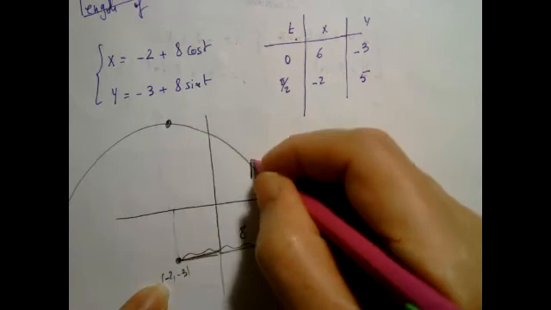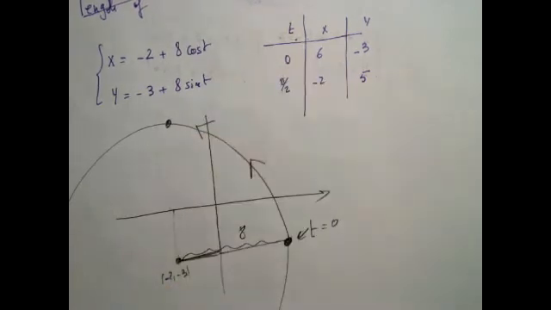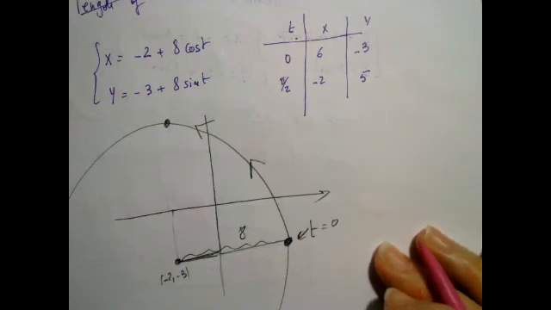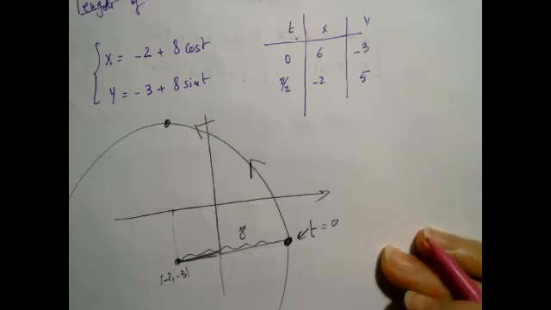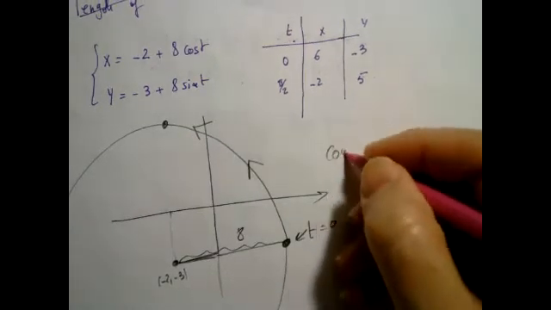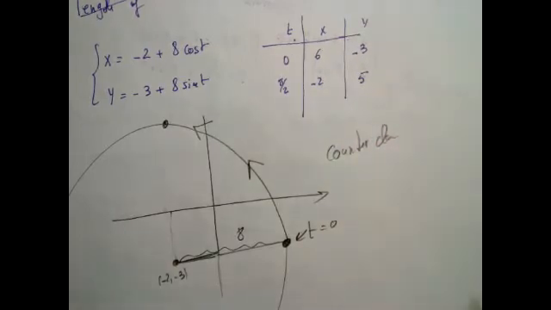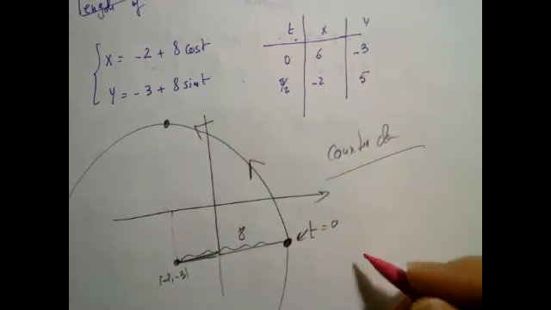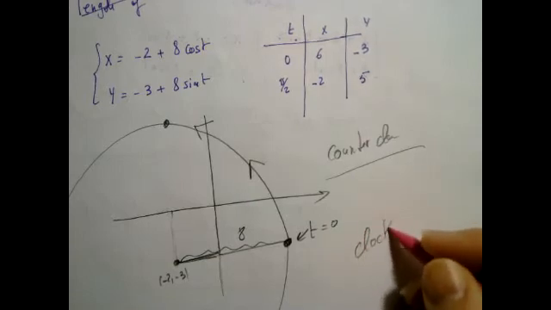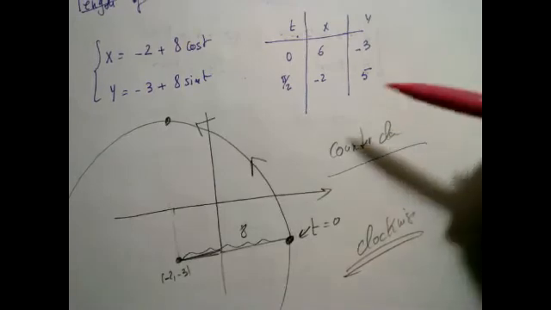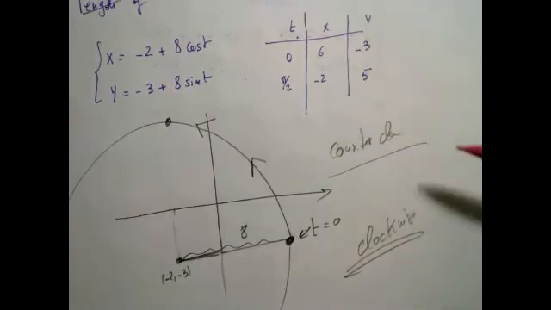And so we're moving this way. Sorry, we need clockwise or counterclockwise? Oh, that's generated counterclockwise. My apology. Okay, that's counterclockwise. What I gave you is generated counterclockwise.